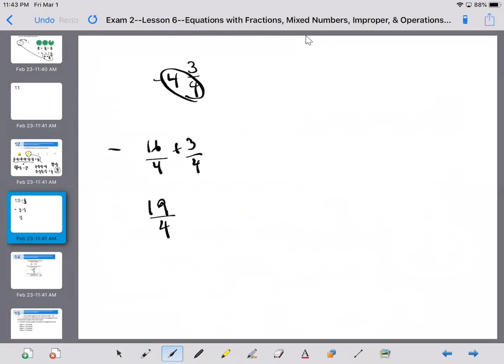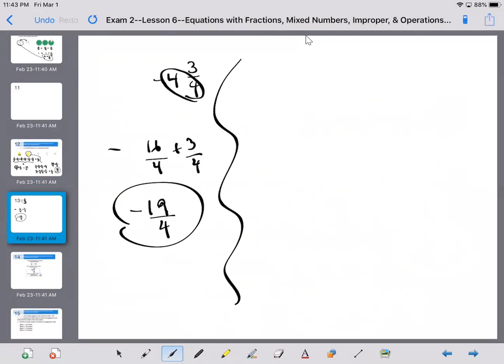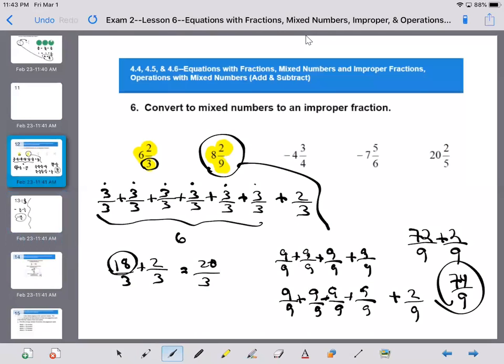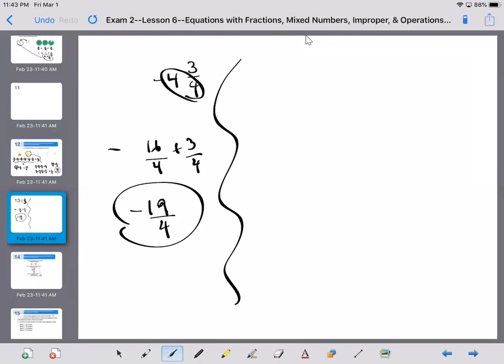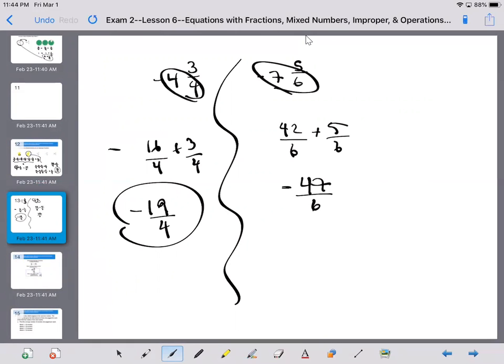And we know that it's negative. Negative 7 5/6. We know it's negative. So think about, there's 7 groups of 6/6. So that's 42/6 plus 5 more sixths, which would be 47/6, and we know it's negative.